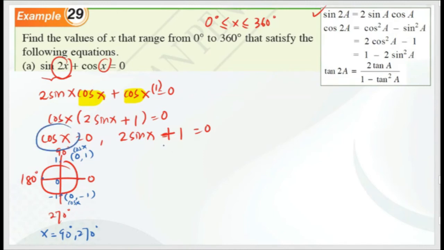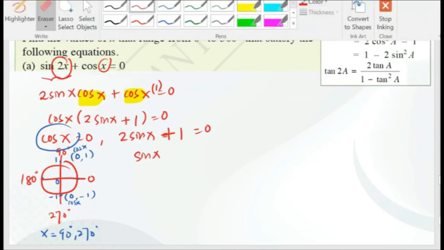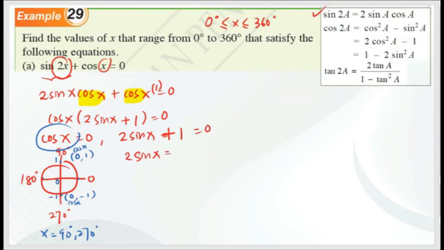Then now we go to the second one, 2 sine x plus 1 equal to 0. Move to the right hand side, so 2 sine x equal to negative 1. Sine x equal to negative 1 over 2, or negative 0.5.